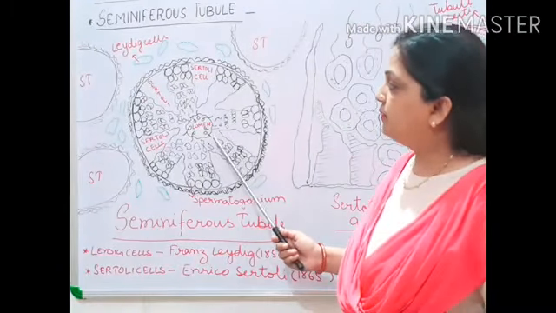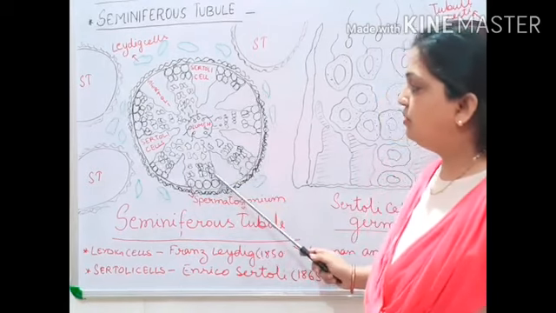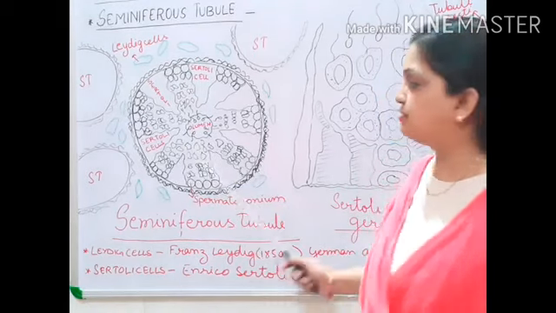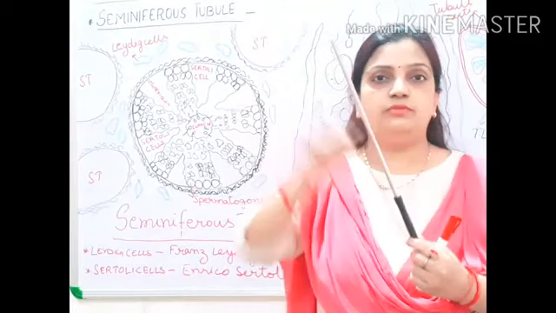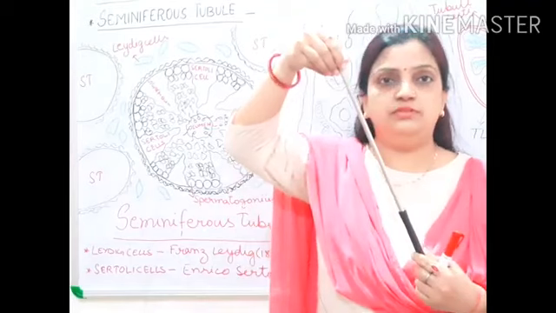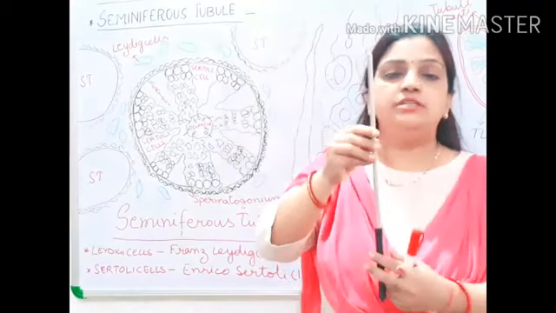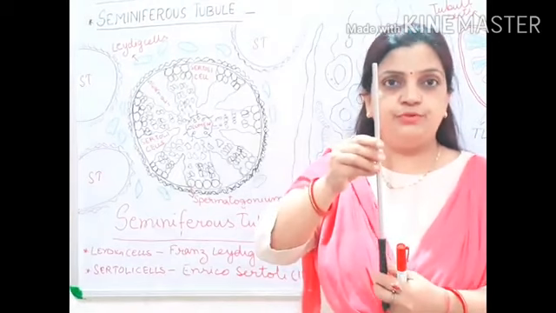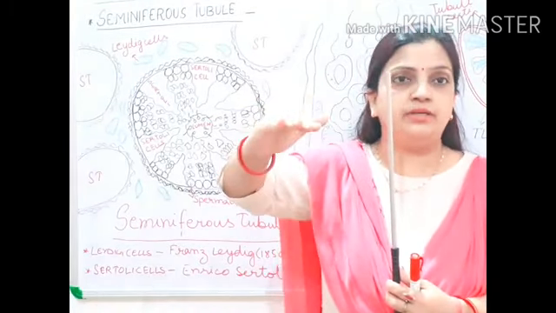Now, you can see on the board that a descriptive structure of the seminiferous tubule has been shown. Children, suppose that this is a seminiferous tubule, a long tube. I have pulled the tube and it is straight now. Now this seminiferous tubule, I am cutting it in a transverse form, in this way.